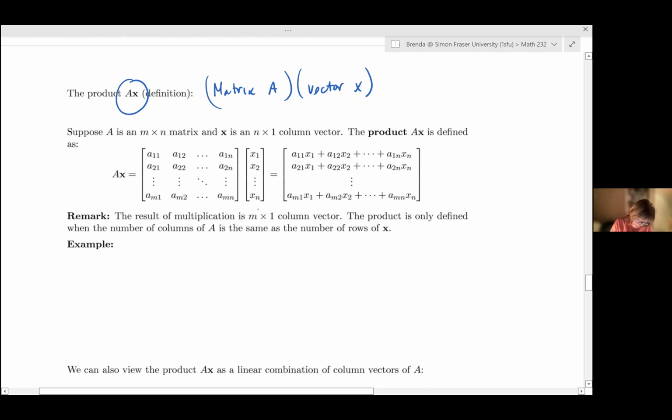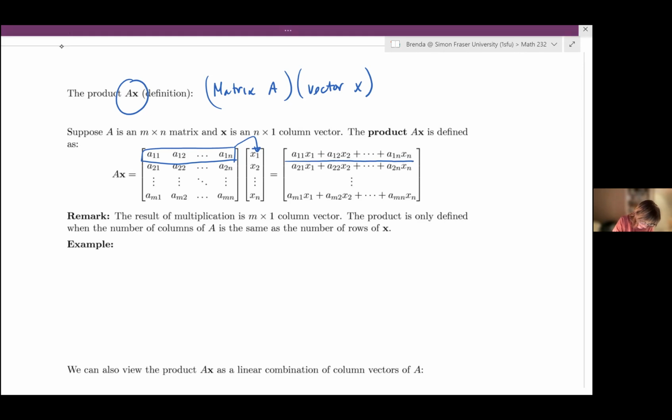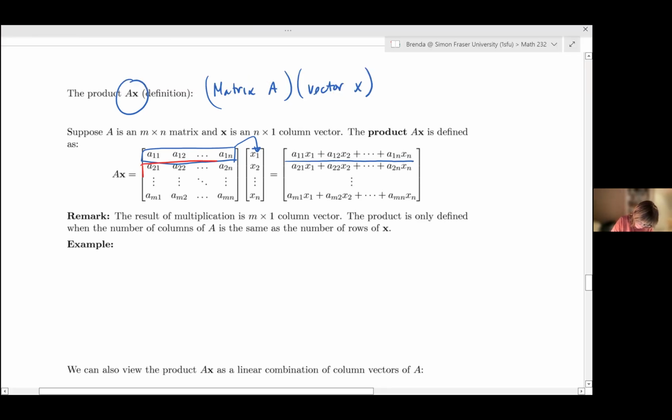So we take the first row of the matrix and we form the dot product with the vector. Then we take the second row and we form the dot product with the vector and we get this guy here.